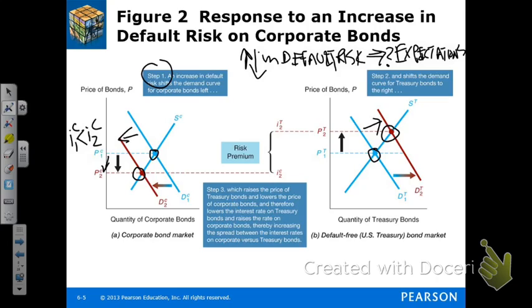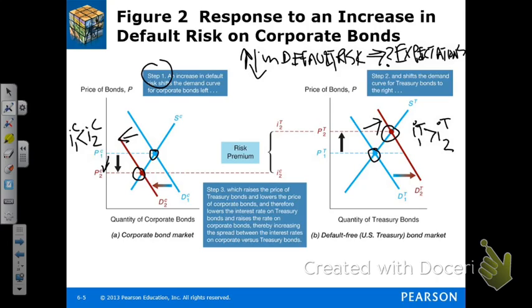Right? Similarly, as the price of the riskless bond is going up, we know that IT1, which is the interest rate in the original situation, is going to be higher than the interest rate at the new market equilibrium, right?